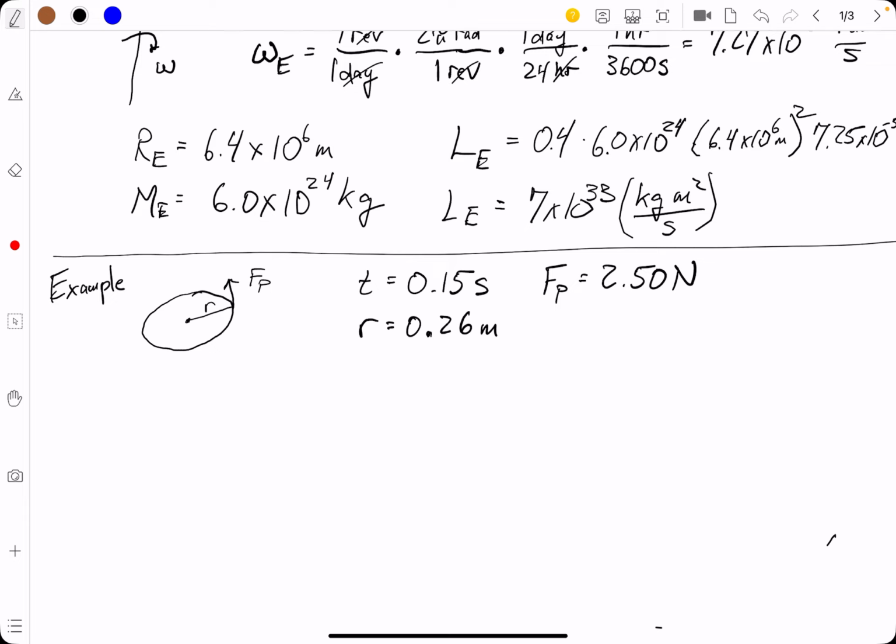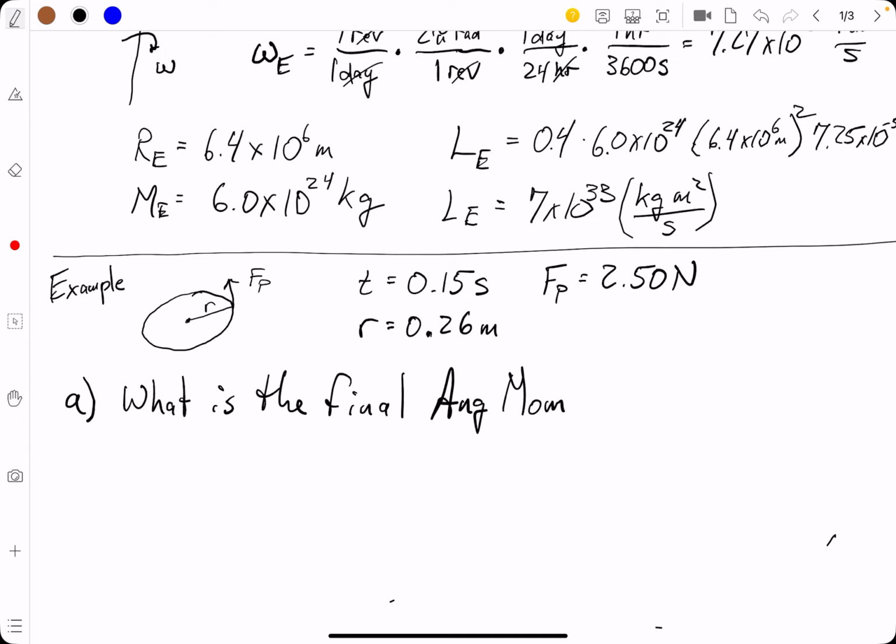So here's the question. A, what is the final angular momentum? I'm going to call it Ang Mom. I hope you guys don't mind. What is the final angular momentum? We're going to just say L_F, okay?